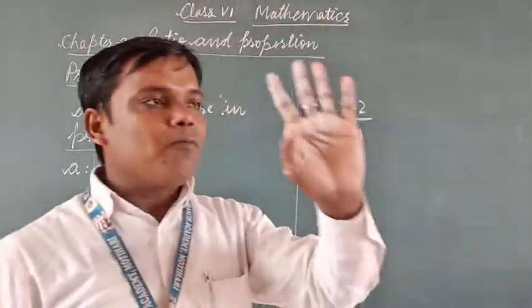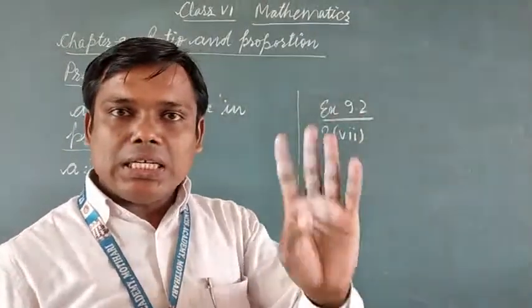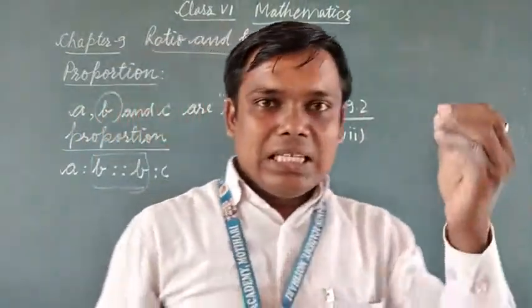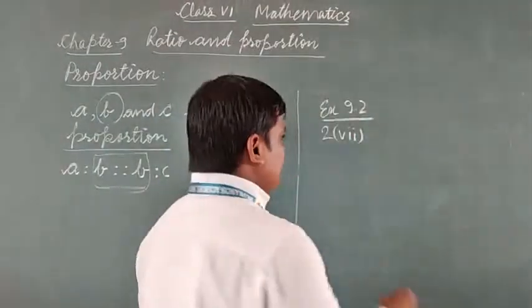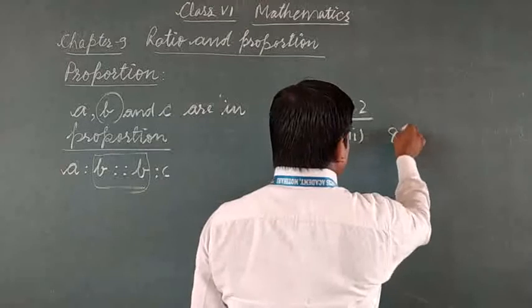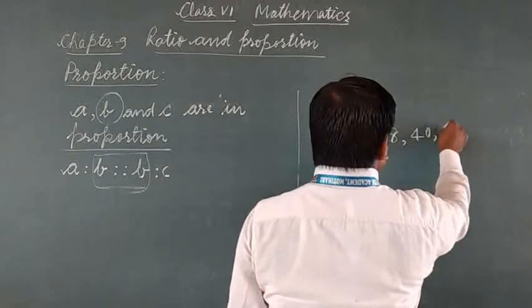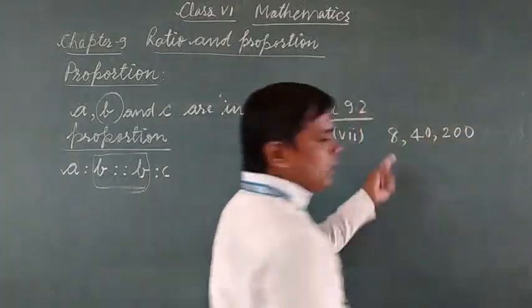If you have 4 numbers, you can write in proportion and by multiplying their extreme and mean you can tell easily. But here you have 8, 40 and 200.